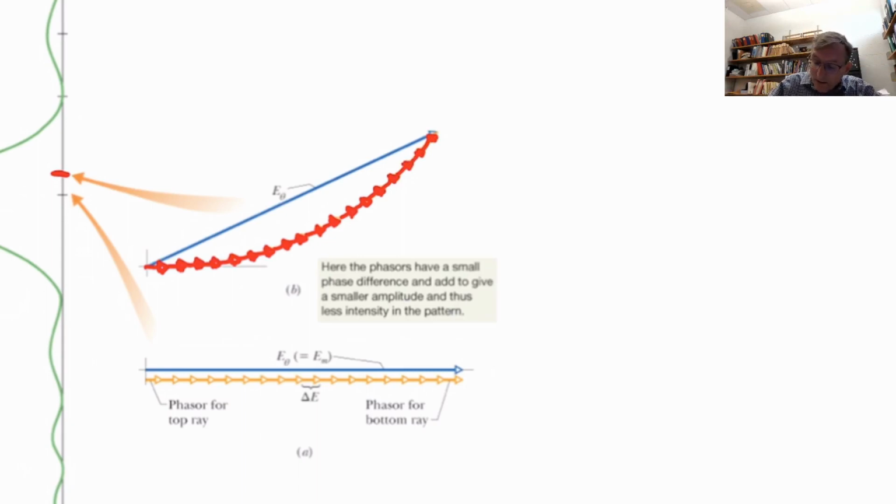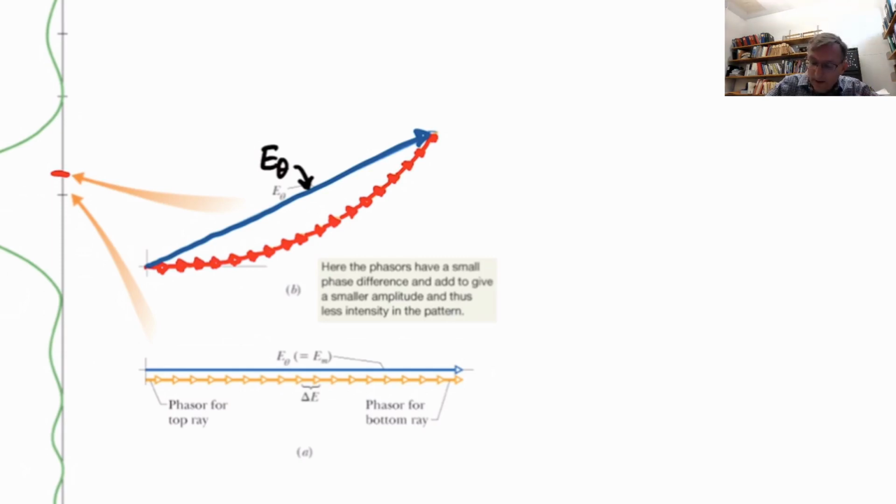And then to get the resultant, using the rule, treating those like vectors, I draw an arrow from the tail of the first to the tip of the last. And that length represents the amplitude E theta, at that angle, theta. That's why they call it E sub theta. It's the net amplitude at that angle theta.